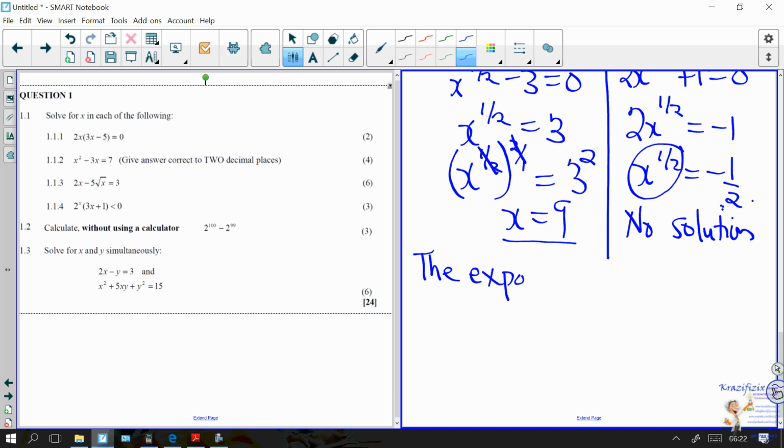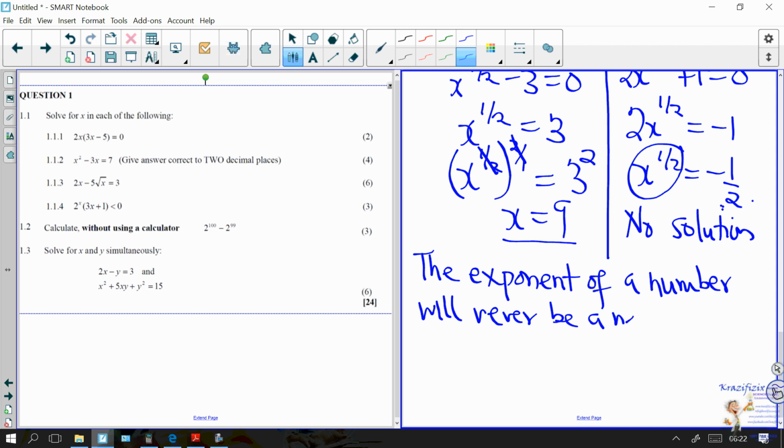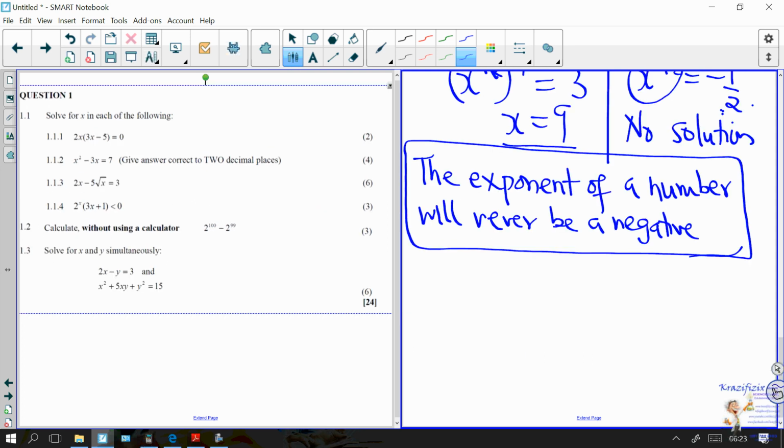The exponent of a number will never be a negative. Whether you say x, look at this, x to the power negative 2, it will give you 1 over x squared. It is still a positive value. So the exponent of a number will not give you negative.